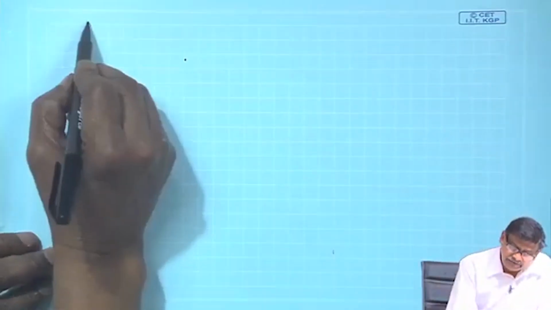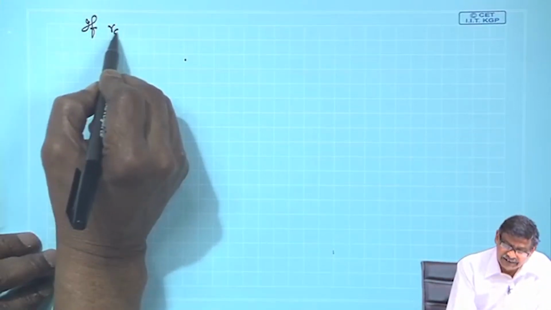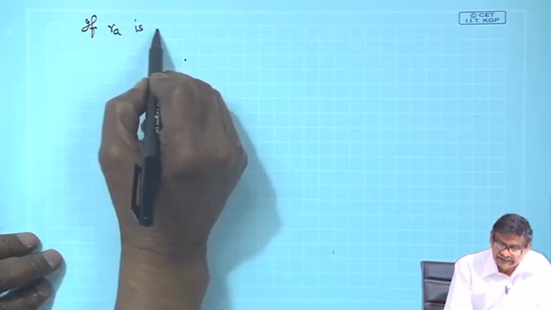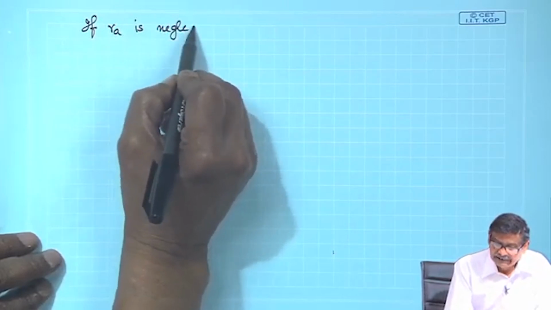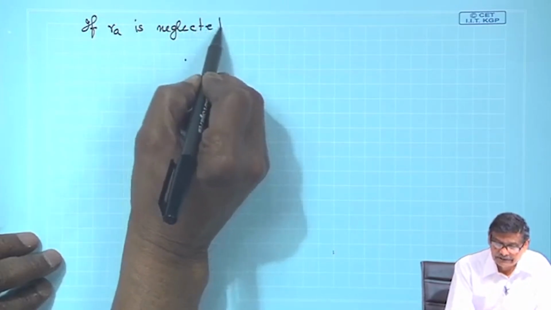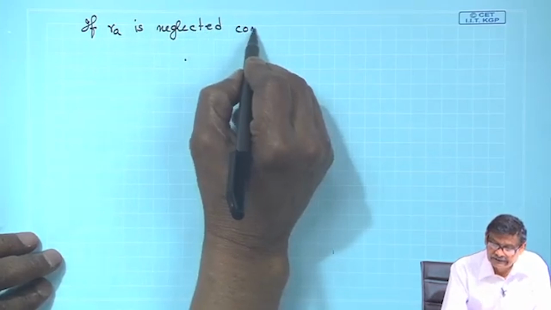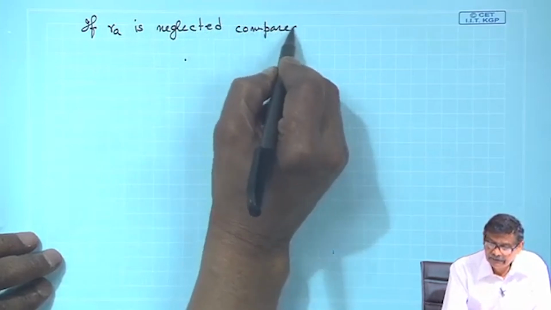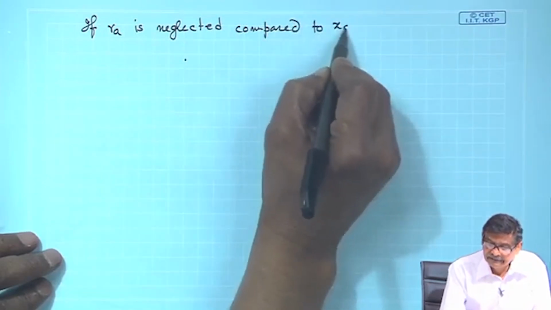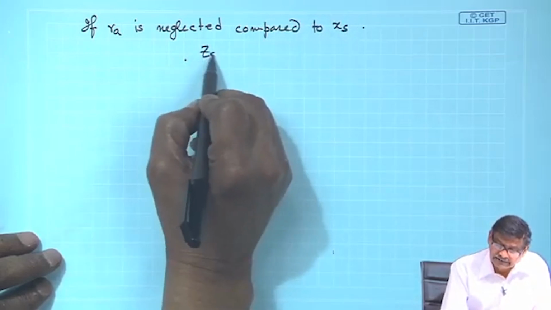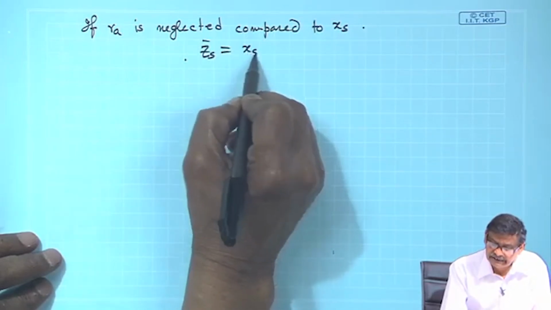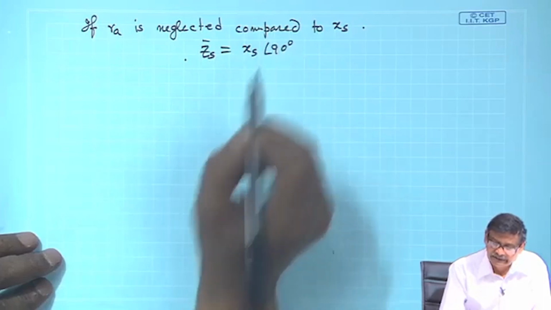Now, what I will do? Because this is often done, if R A is neglected compared to X s, then your Z s becomes just X s angle 90 degree, is it not?